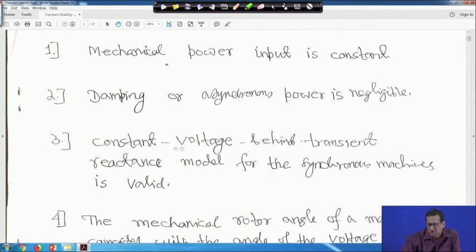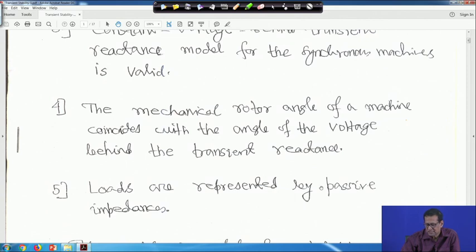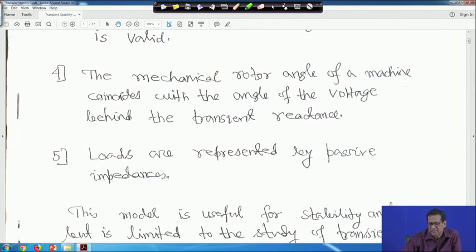Number 3, constant voltage behind transient reactance model for the synchronous machine is valid, right. Number 4, the mechanical rotor angle of a machine coincides with the angle of the voltage behind the transient reactance. Number 5, loads are represented by passive impedances or admittances, right.